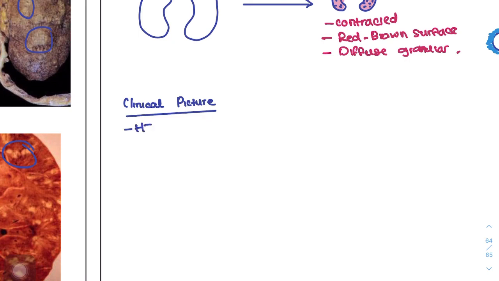How do these people present? They have hypertension, they have azotemia, they have edema, they have renal insufficiency. What do you mean by renal insufficiency? It means the kidneys are not doing their function properly. For example, kidneys function to remove drugs from the body.